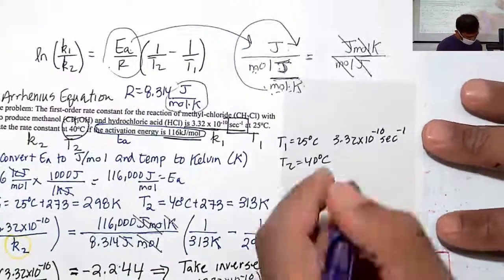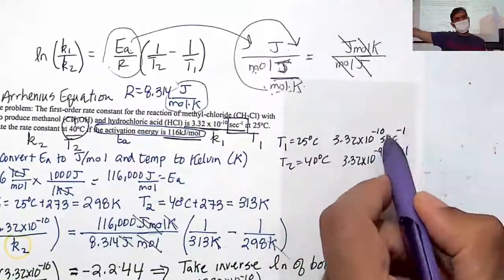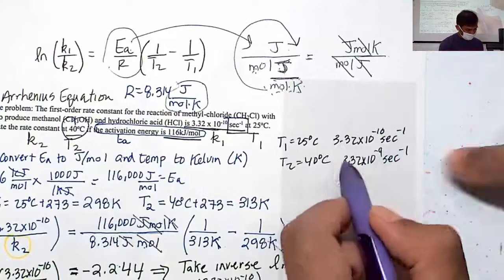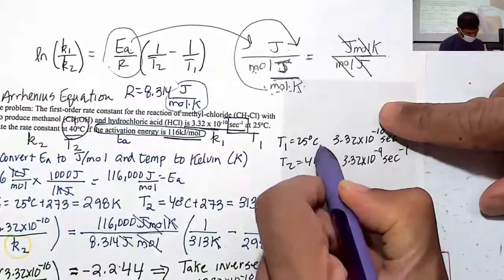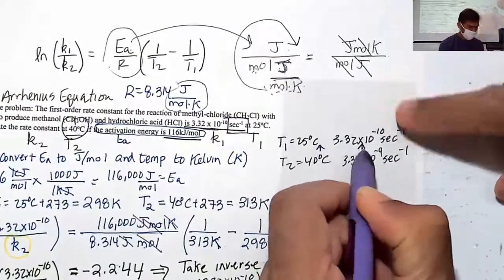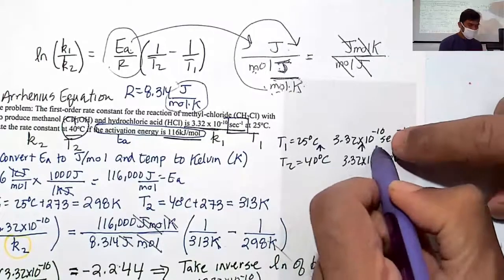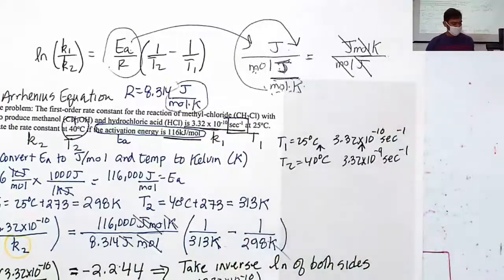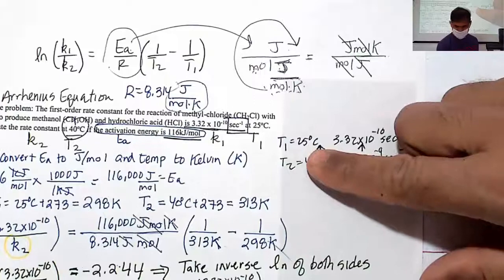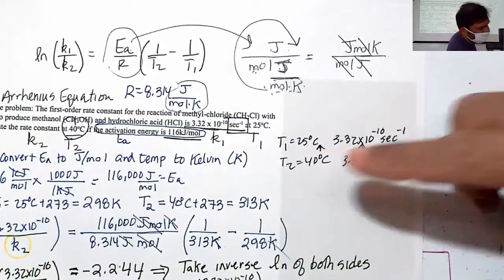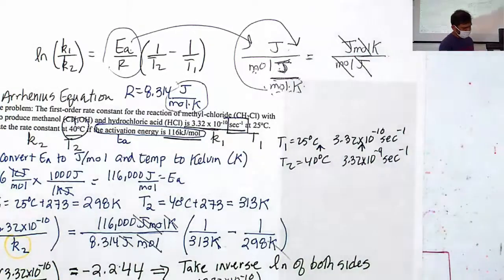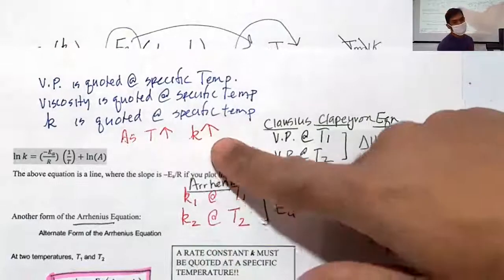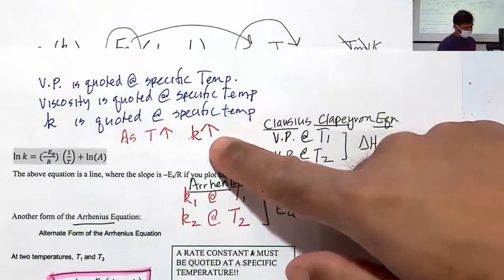So you see that it's gone up. It went from 10 to the minus 10 to 10 to the minus 9, so it's increased. We increased the temperature, and K has increased from 10 to the minus 10 to 10 to the minus 9. That's what I was trying to say at the beginning of class. As you increase temperature T, you increase rate constant K. So it's direct.